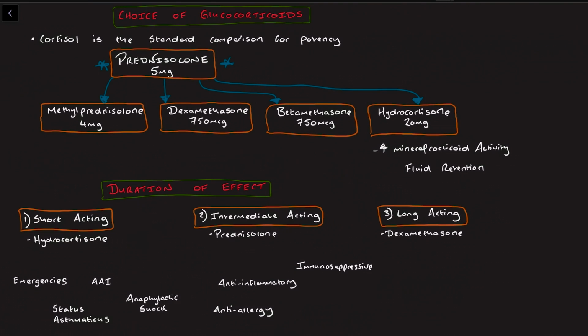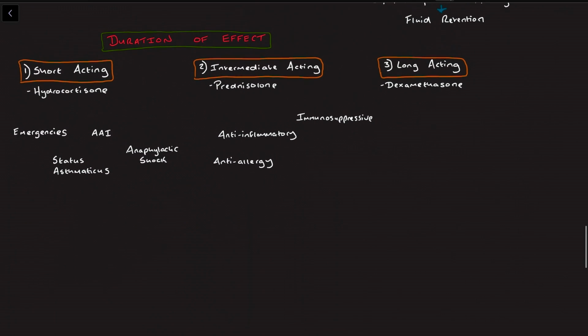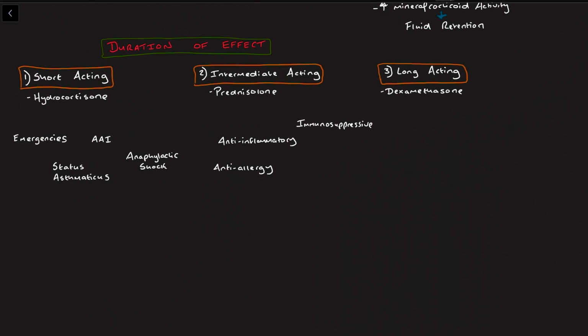Hydrocortisone itself has a relatively high mineralocorticoid activity, so therefore results in fluid retention, making it unsuitable for disease suppression on a long-term basis. Okay, so there are different durations of effect for synthetic glucocorticoids which would need to be considered when prescribing.